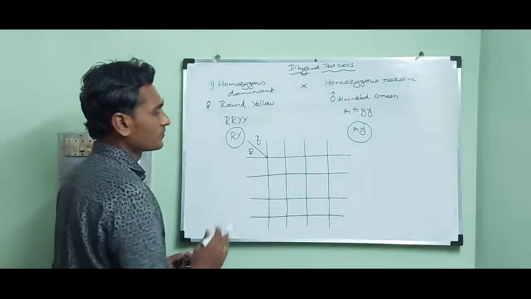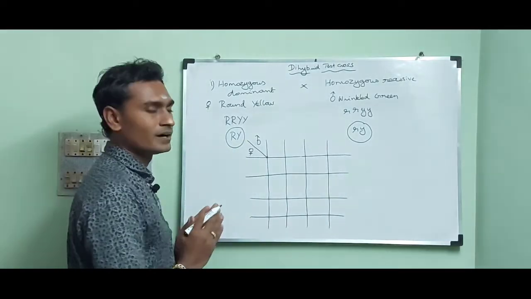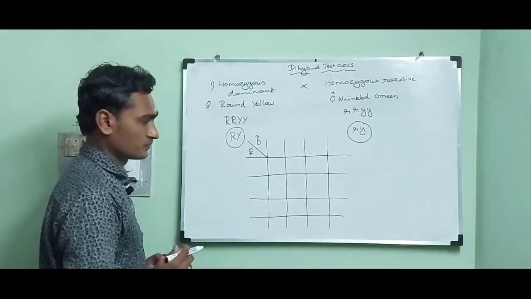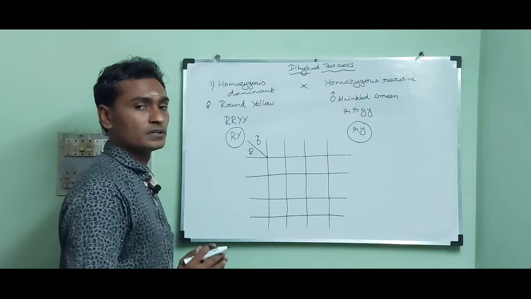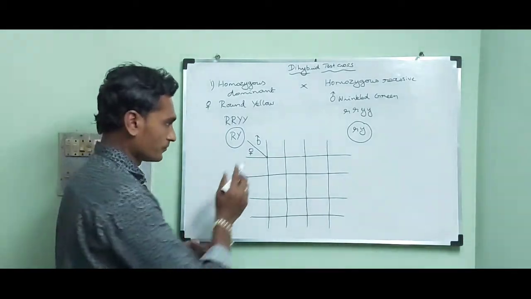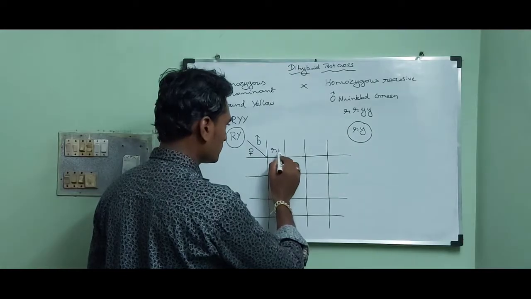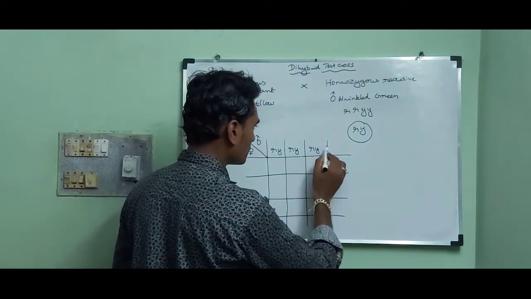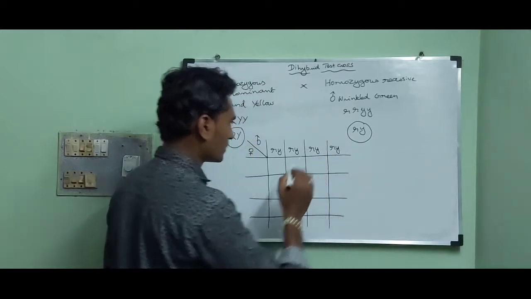First I am going to place the male gametes in the rows. In the rows all the gametes should be recessive, that is small r, small y, repeated four times.